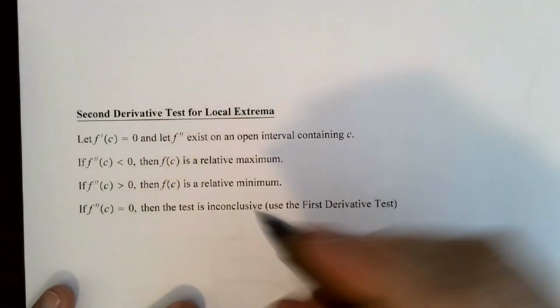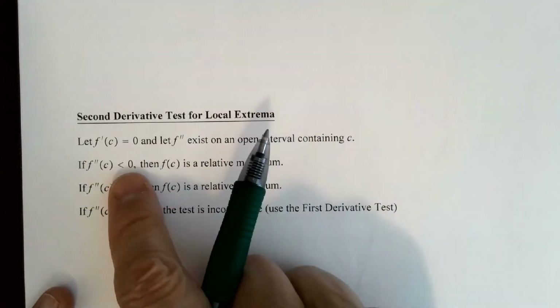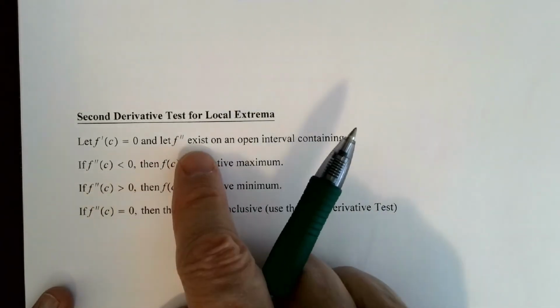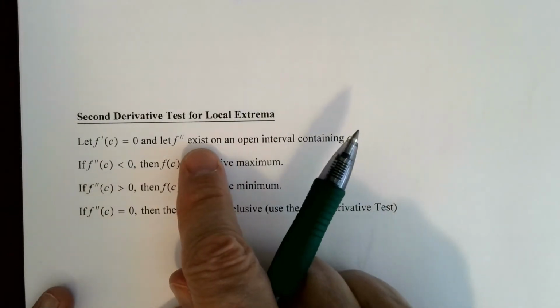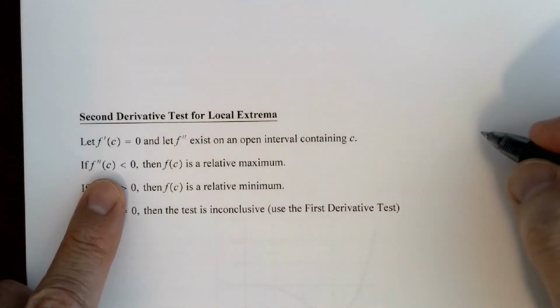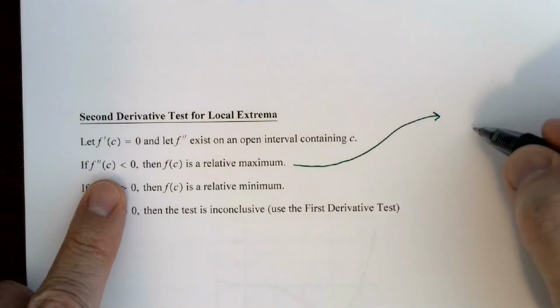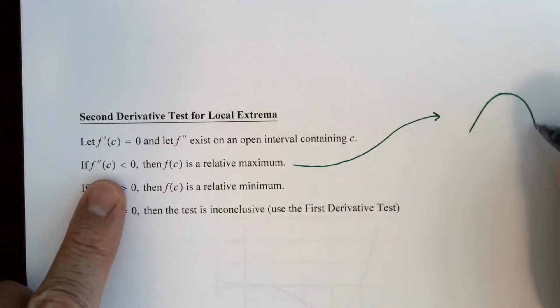Now some of you might say, wait a minute, if the second derivative at C is less than 0, then there's a relative maximum. Less than 0, maximum, doesn't sound right. Remember, it's the second derivative less than 0. If the second derivative is less than 0, and it exists on an open interval containing C, then on that interval, the second derivative being negative means we're concave down, which means it could be increasing concave down, decreasing concave down, something perhaps like this.